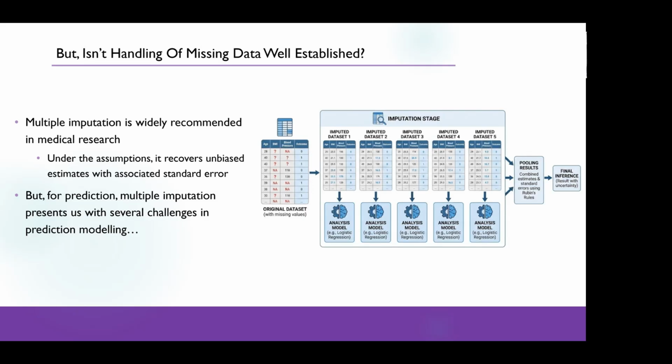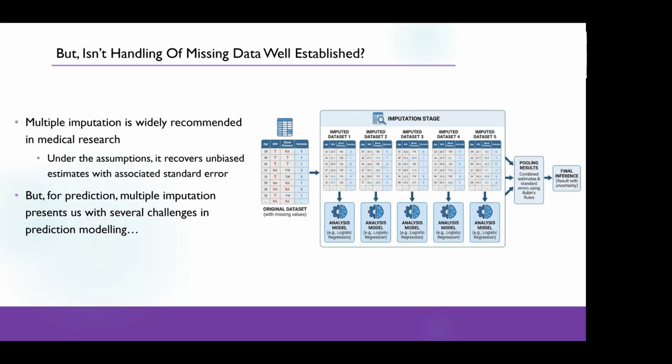So this method has been well researched, and indeed it's widely recommended in health research because it is a very robust way of correctly estimating parameter estimates. For instance, if our study is interested in saying what's the effect of a particular drug on outcome, then multiple imputation will, if the assumption is followed, give you an unbiased estimate of that causal effect.